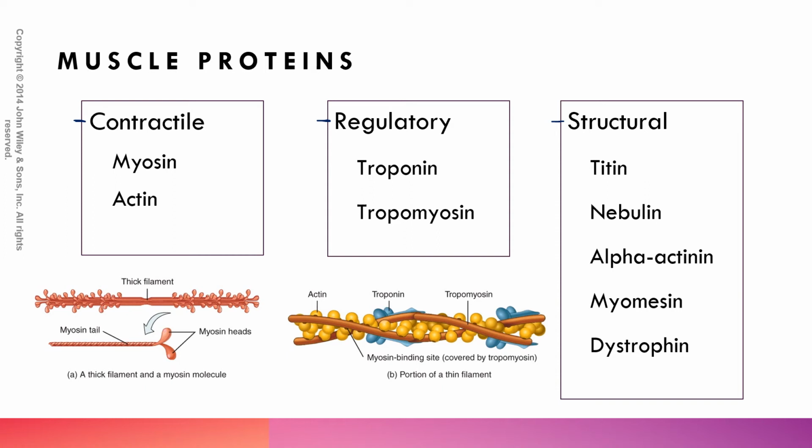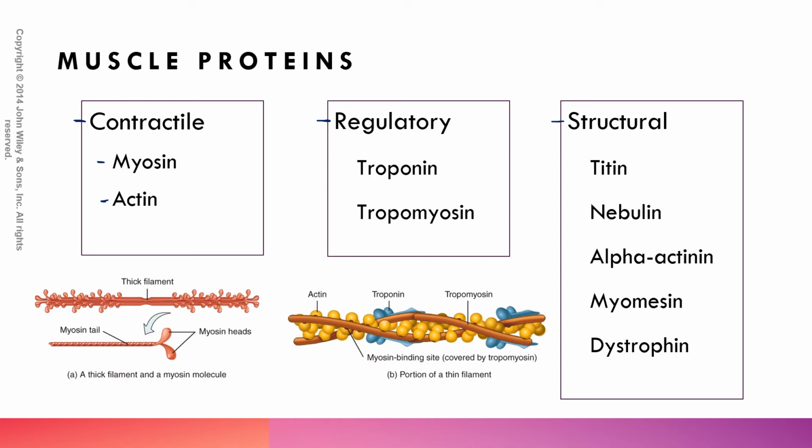The two contractile proteins in muscle are going to be myosin and actin. So these are the thick and the thin filaments respectively. Myosin is going to be the main component of thick filaments, and it functions as a motor protein in all three types of muscle tissue.